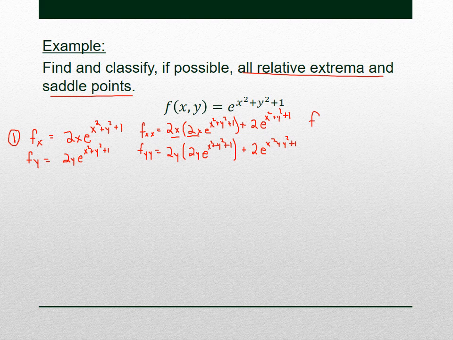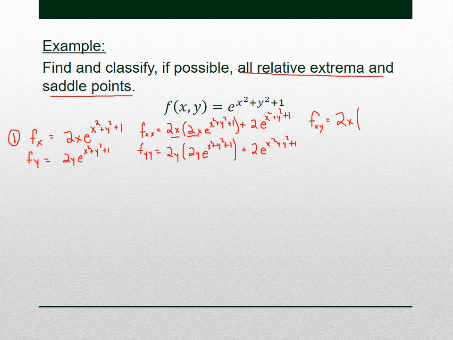Now we need the mixed partial, fxy. Right, so this time we're looking at fx, which is 2x e to the x squared plus y squared plus 1, taking the partial with respect to y. So this time that 2x out in the front is just a constant, so it's just coming along for the ride. We don't have to do product rule. So that comes along for the ride, and now we need the derivative of e to the x squared plus y squared plus 1, partial with respect to y.